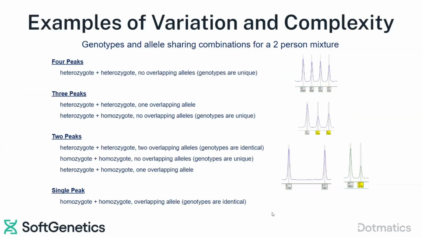Okay, so examples of variation in complexity, just the genotype sharing of combinations. So a two-person mixture might have 4 peaks, might have 3 peaks, might have 2 peaks, or might have a single homozygous where everything's overlapping and they're both homozygous. So variation in a two-person mixture, some examples of allele sharing and peak height variation.